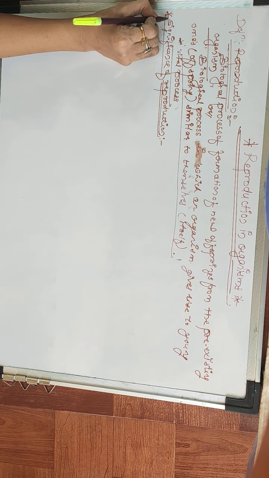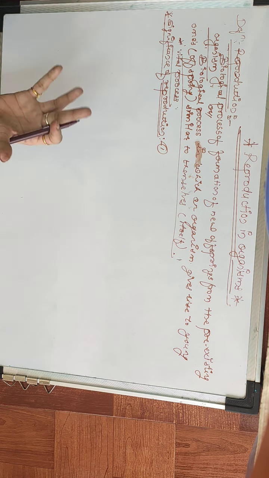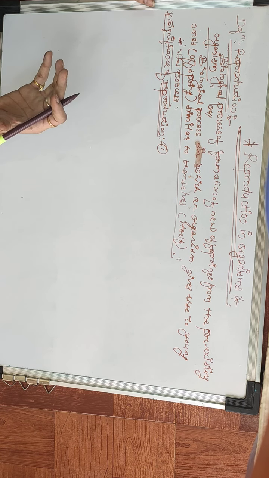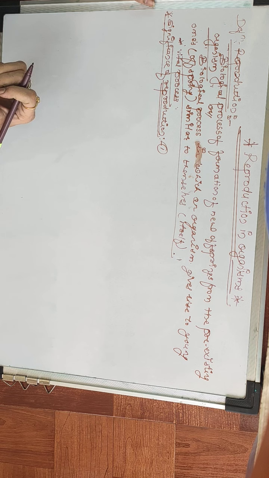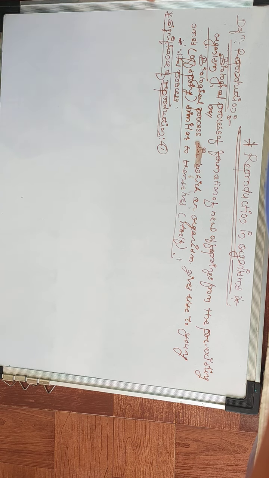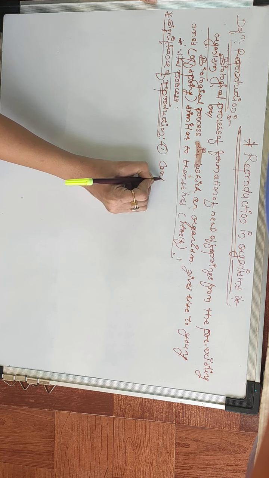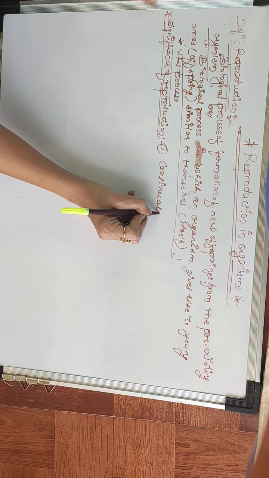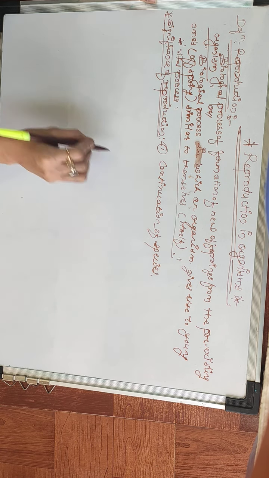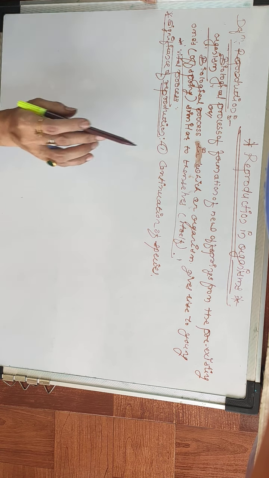So first, why is reproduction important? Reproduction helps in the continuation of species. Continuation of species is the first prime significance of reproduction.